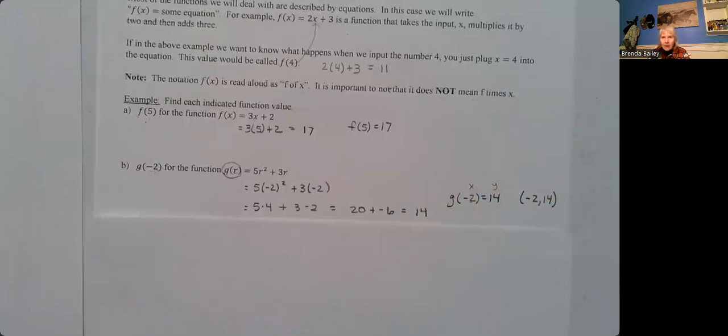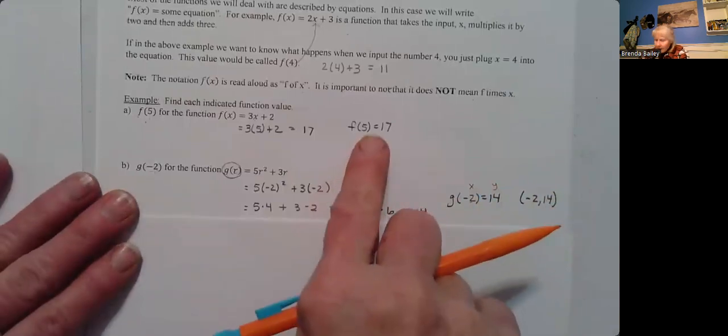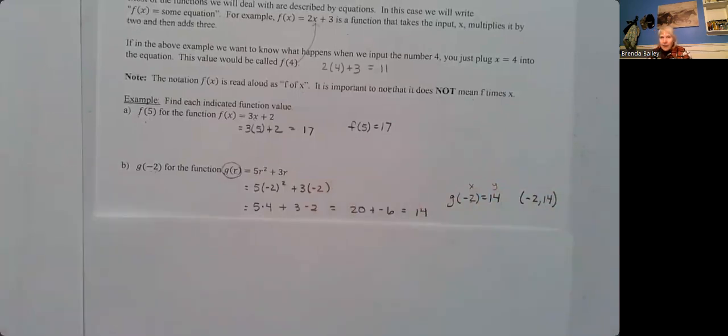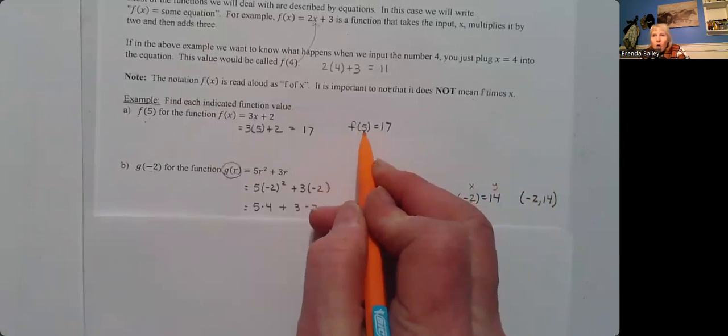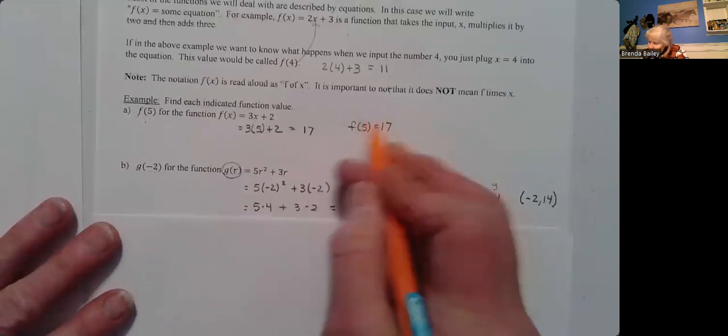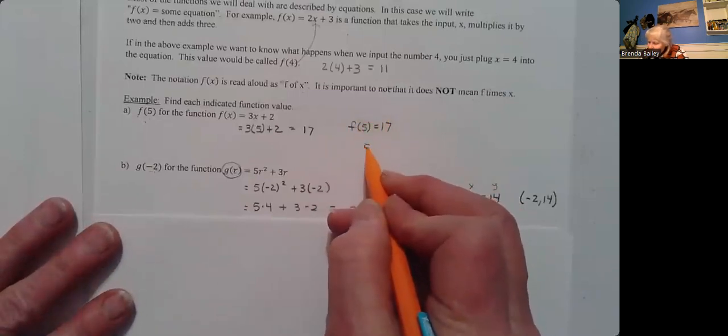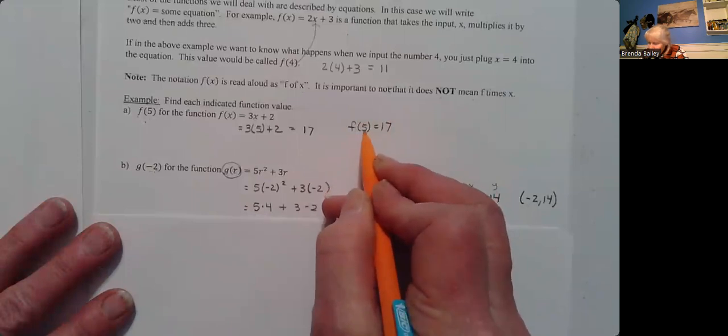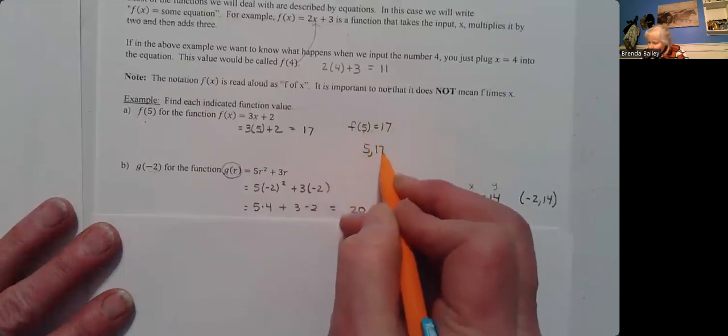All right. Like on this one, this is a good point, and I'm glad I thought about it: these numbers that are going in are always going to be your domain. So if we were to graph this, it would be the coordinate 5, that's the x that went in, and the y came out.